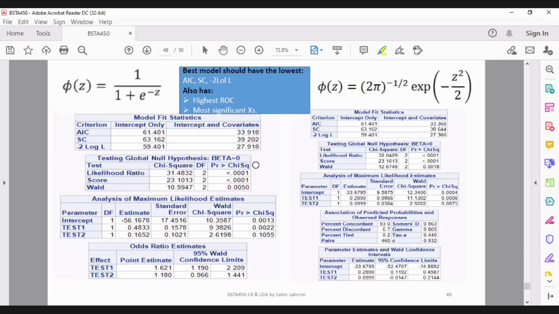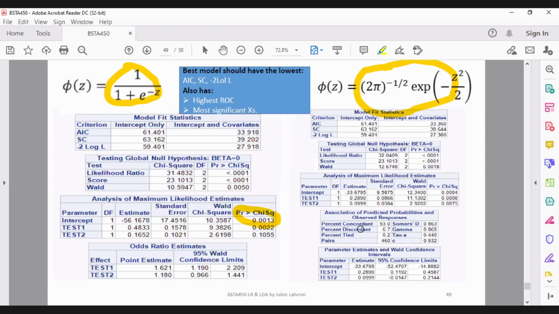So we get results from logistic regression. This is logistic, and this is probits. For the logistic regression, beta 0 and beta 1 are significant, beta 2 not significant.